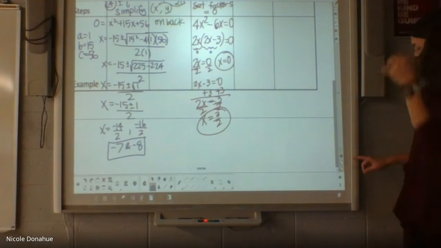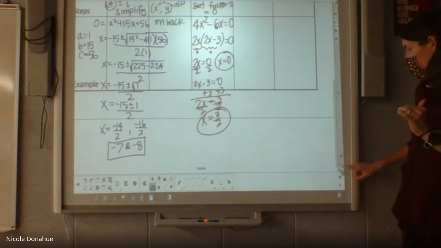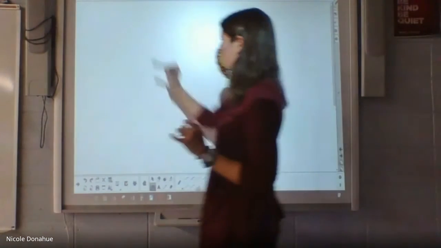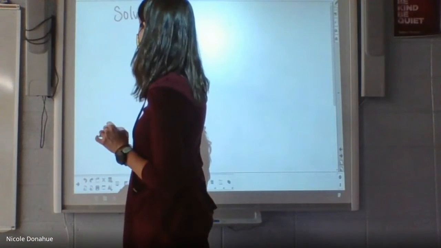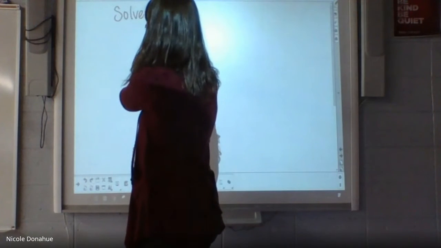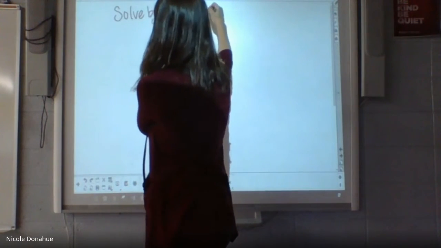Okay, so we're gonna practice solve by factoring. So this is your yellow chart you want out for this.